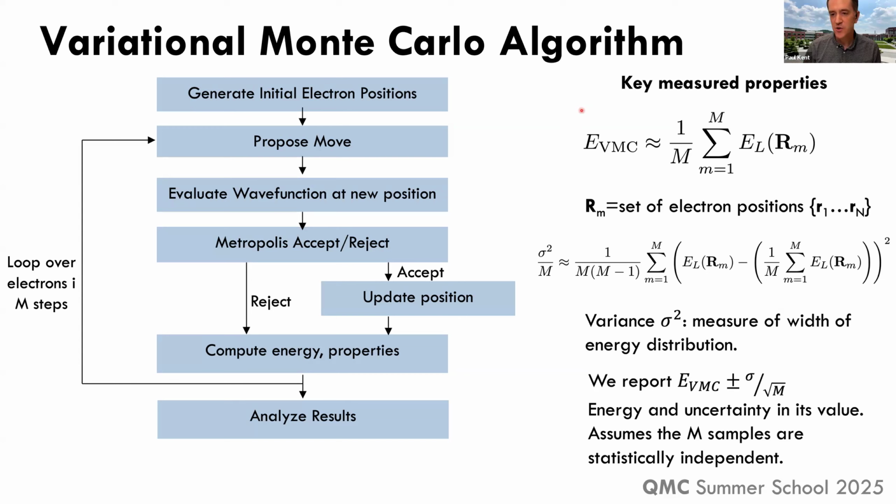So what are we going to measure? We're going to measure the variational Monte Carlo energy, which is just the average local energy throughout the run. This is needed to compute formation enthalpies, for example, total energies. We also look at the variance, the statistical distribution of those local energies, because this actually turns out to be a measure of the quality of the trial wave function, as I'll go to in a minute.